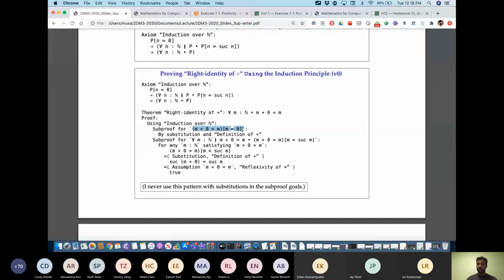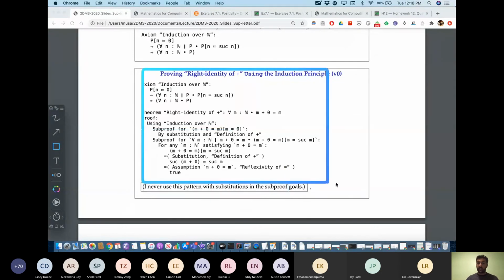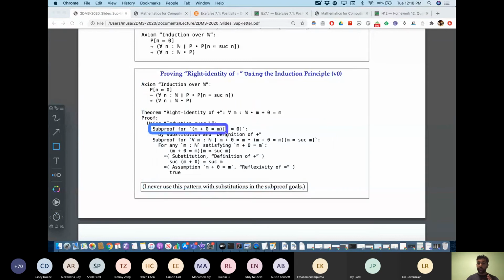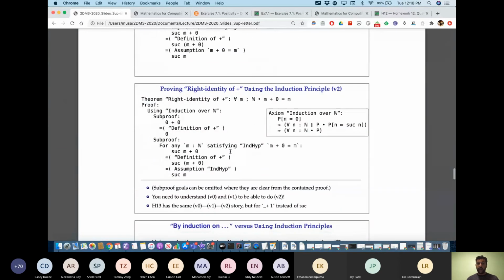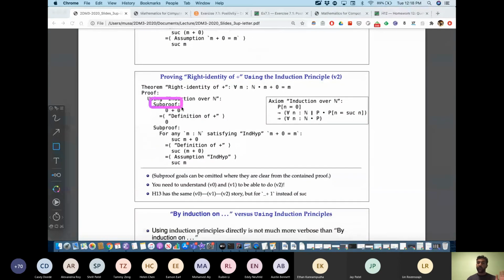So I can't stress how important it is to first get comfortable with doing things explicitly, every single detail. Right? It's a subproof for this thing with that substitution. And then if you're comfortable with it, then you can say it's a subproof, and I already did the substitution. And then finally, it's just a subproof. I know what I'm doing. I'm advanced. I'm not a noob. Life is easy. Get good, right?